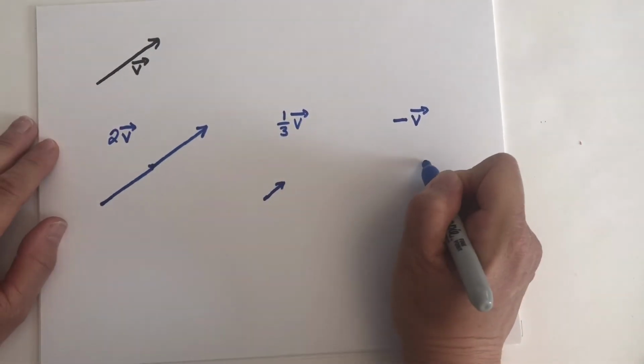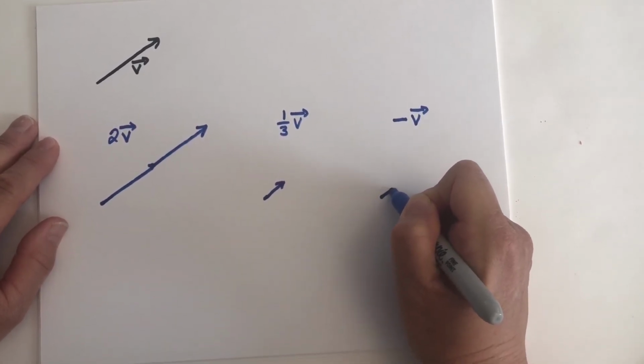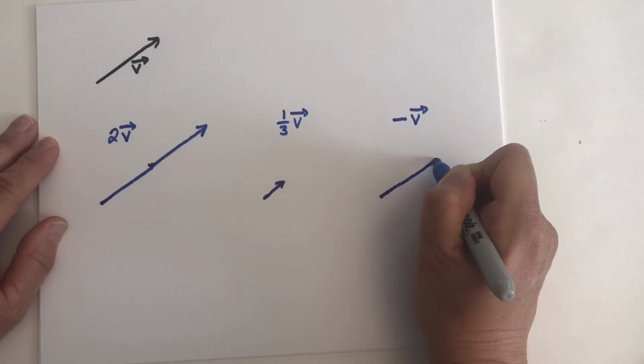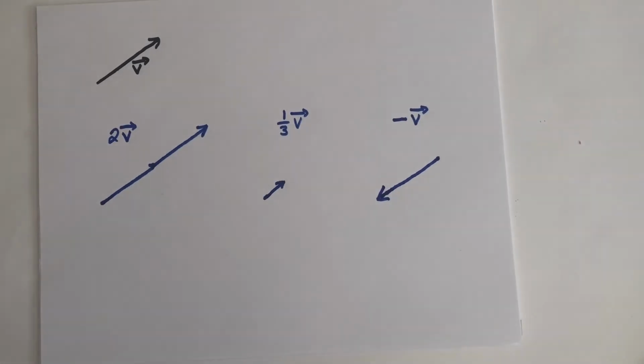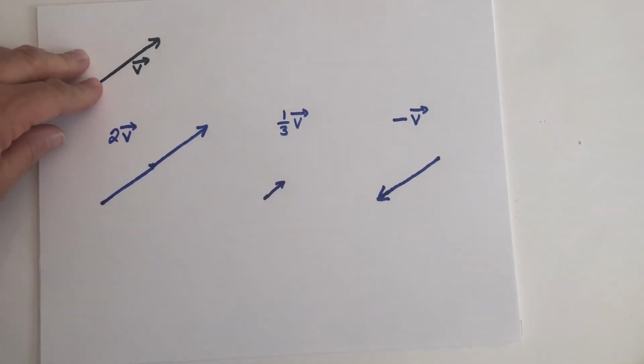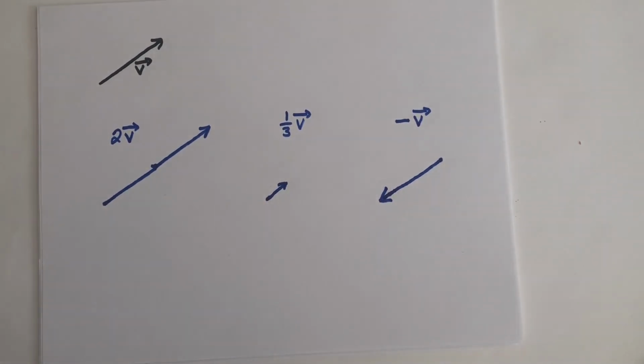So the vector will be exactly the same length, in exactly the same angle, but its direction will be 180 degrees different. So of course I could multiply this by -3, +10, -1700, and find the relative sizes of the new vectors.